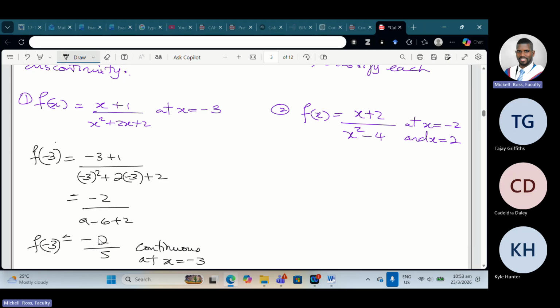Or in other words, you get a definite value. So it doesn't go off to infinity. You get a specific value when x is equal to -3, so that tells us that the function is continuous at that point.